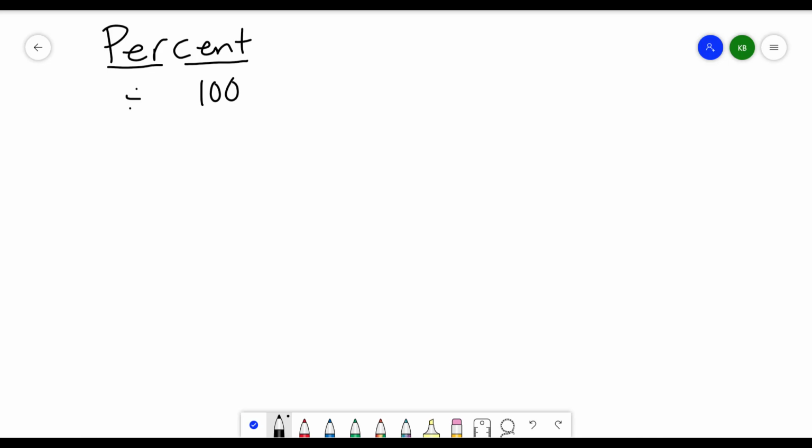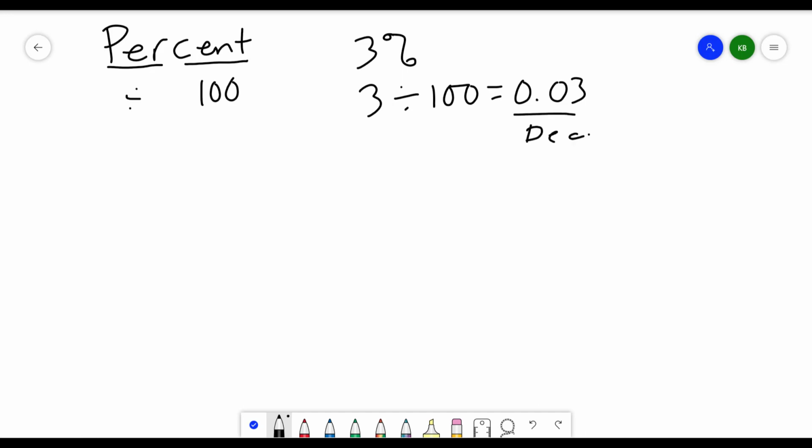So if I see something like 3%, then I should be thinking 3 divided by 100. And when I do that, I get 0.03. And so this is the decimal form of the percent.